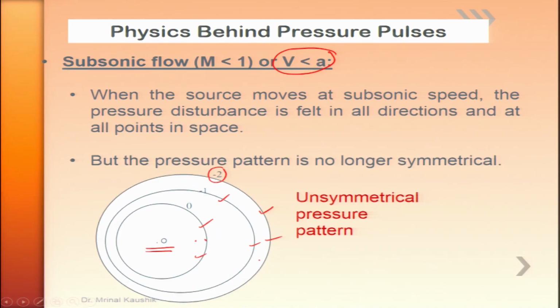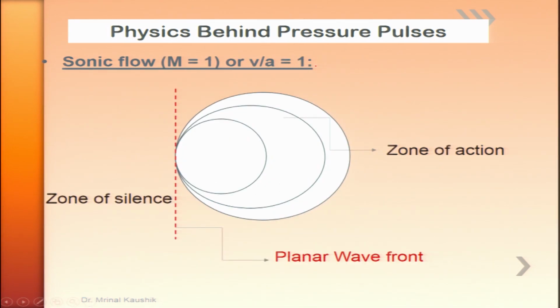Now the speed is increased, and in the next situation suppose V is equal to a. Whenever the speed of the object, that is the source in our case, is equal to the speed of sound, so the Mach number becomes 1, then what happens is that all the wave fronts coalesce with each other.